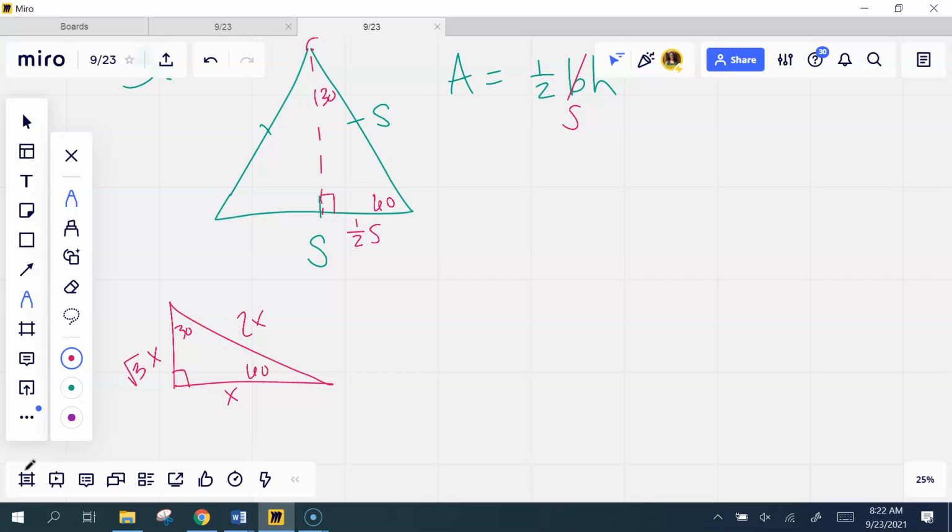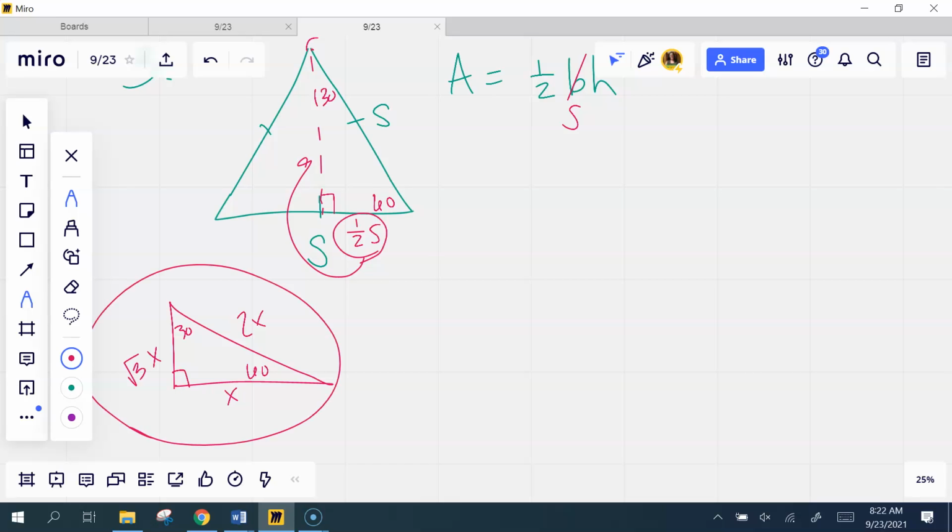But this time I'm going backwards. I've got the short leg, so how do I go from the short leg to the long leg? Well, I've already divided by 2. You divide the hypotenuse by 2, right? So I take the short leg and multiply by the square root of 3 to get the long leg.